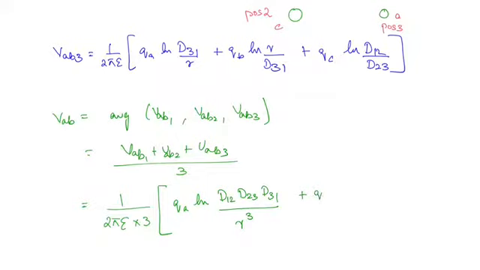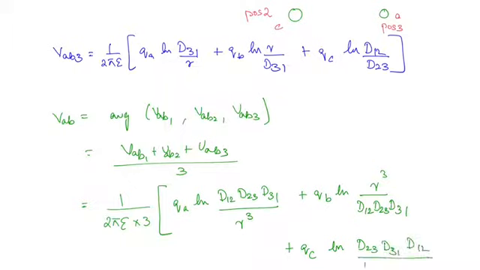Similarly, plus QB ln R cube divided by D12, D23, D31. And finally plus QC ln D23, D31, D12 divided by D31, D12 and D23.